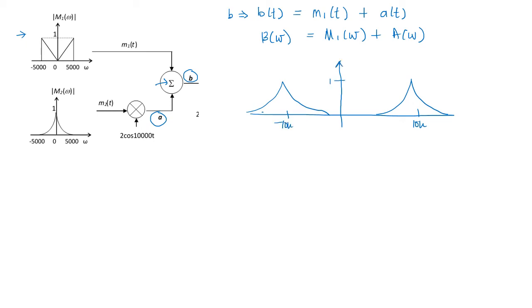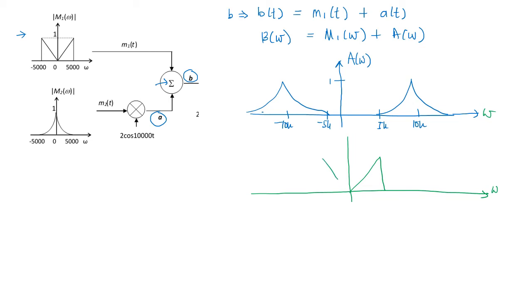And given is M1(omega), spanning negative 5k to 5k, with magnitude 1 as well. So your B(omega) equals A plus M1.